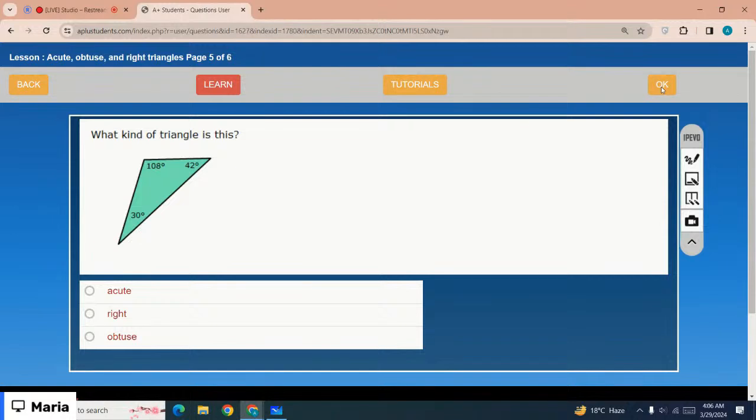What kind of triangle is this? Which is the correct option? That is the obtuse triangle, right? Because one of the angles is greater than 90 degrees, so that is the obtuse triangle.